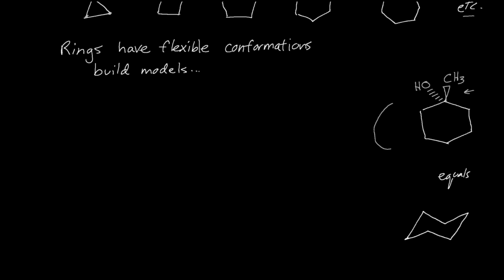The bottom is more like what you would see if you built a model of this. And this model might look like this. So not using wedge and hash marks, but this is more like a conformational representation. We'll call it a diagram.